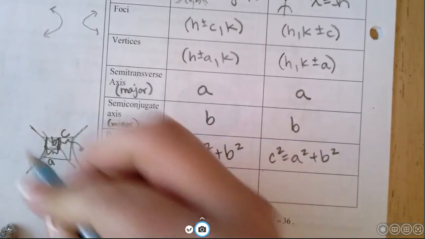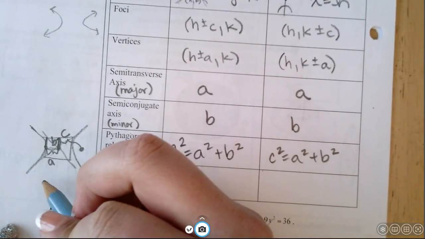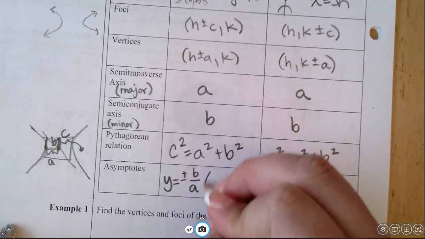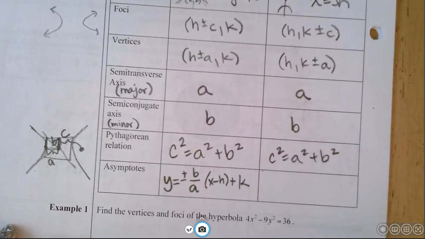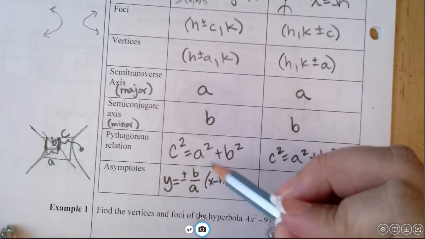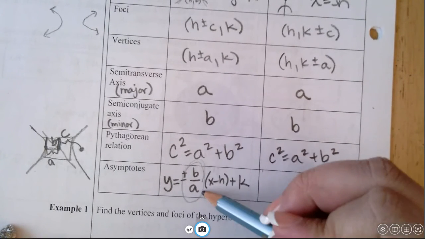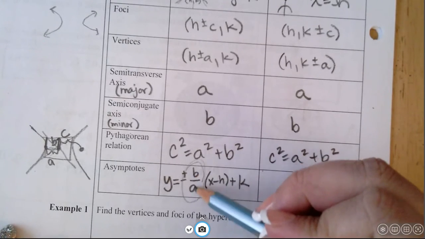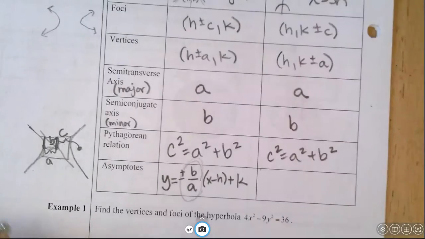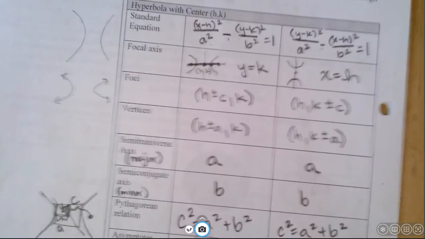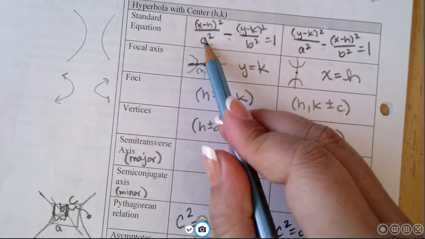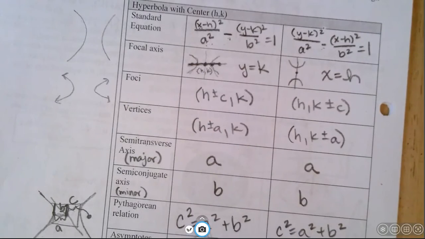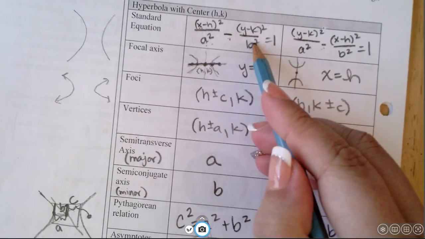There are two asymptotes, so we solved for both of them, times x minus h, plus k. So the slope of the asymptotes, and this is the thing that we'll use the most, is b over a. It's the second denominator over the first denominator, or the y denominator over x.